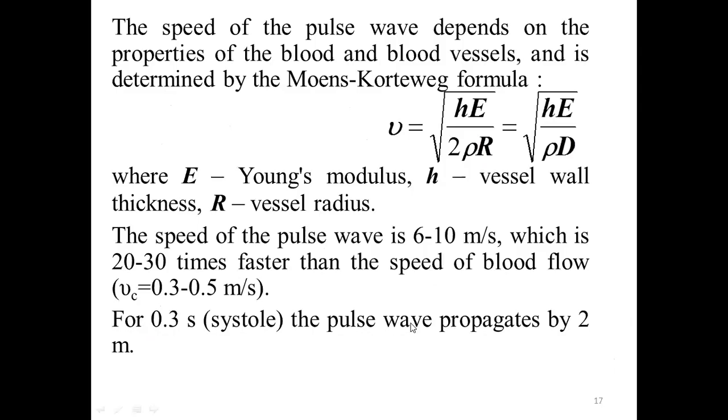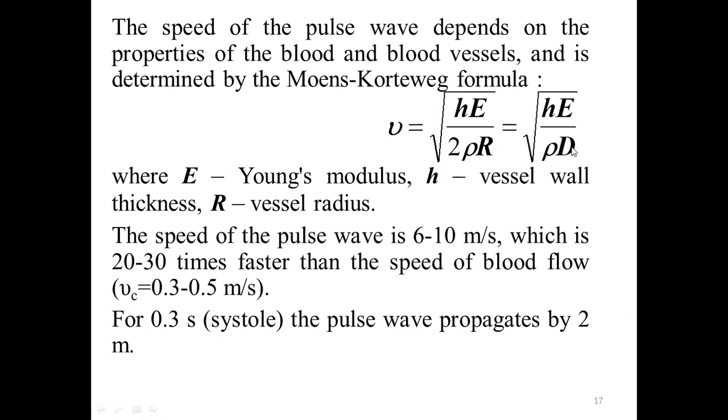The speed of propagation of the pulse wave along the vessels depends on properties of the blood and blood vessels, and we call this formula for velocity the Moens-Korteweg formula. So here we have the square root of the ratio of vessel wall thickness h times Young modulus E, and in the denominator we have the density of the blood and the internal diameter of our vessel.